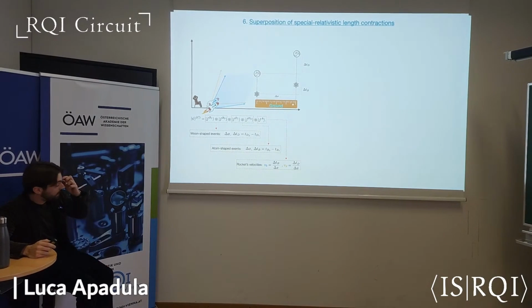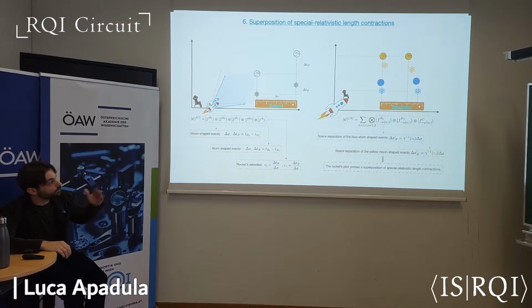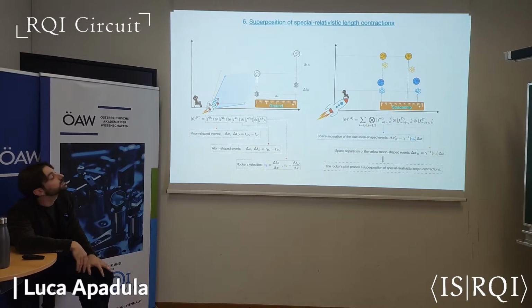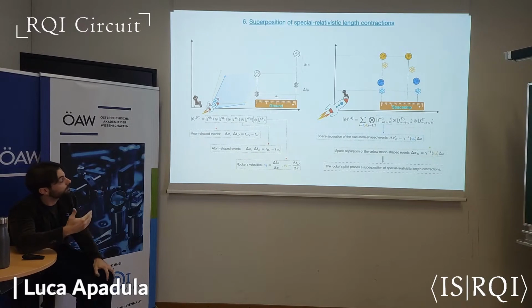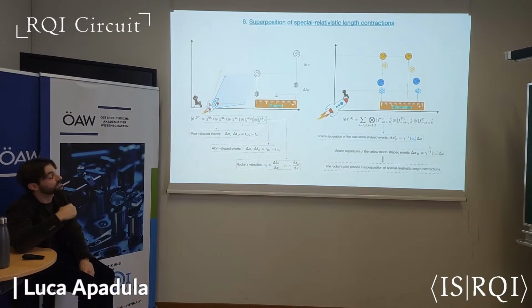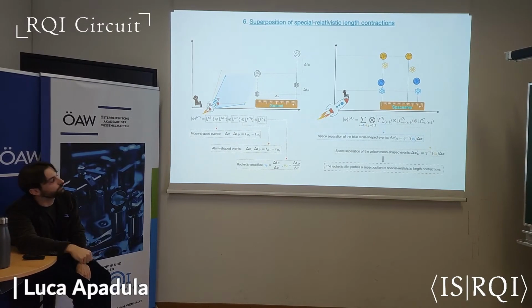And this is why, because once we perform the jump, we obtain in one branch of the entangled state a couple of events which now lie in a simultaneity surface for the rocket's pilot. So we can perform the measurement of the length, which is going to be a spatial relativistic contraction of the rod length of the guy sitting on the ground, and the same for the yellow branch.